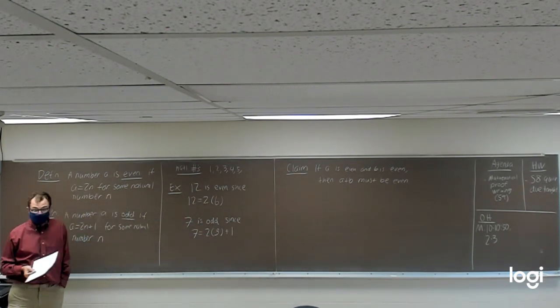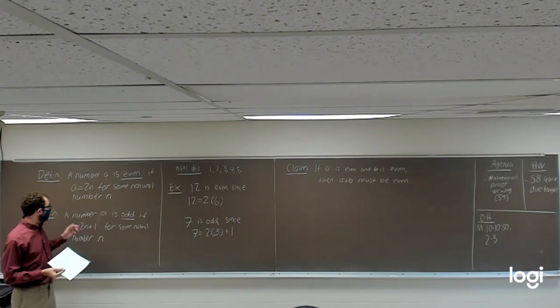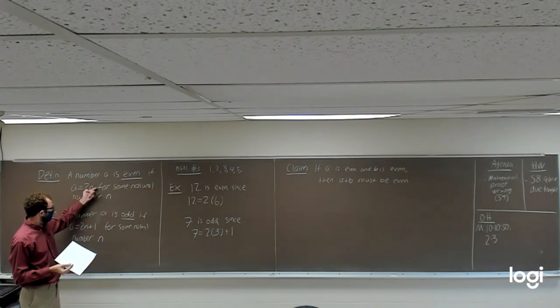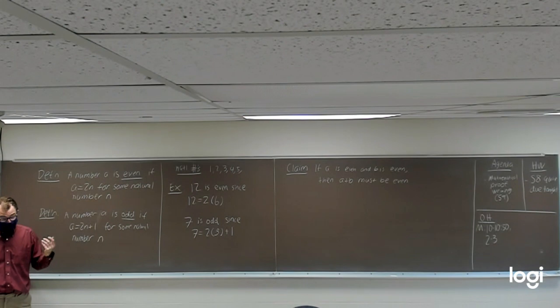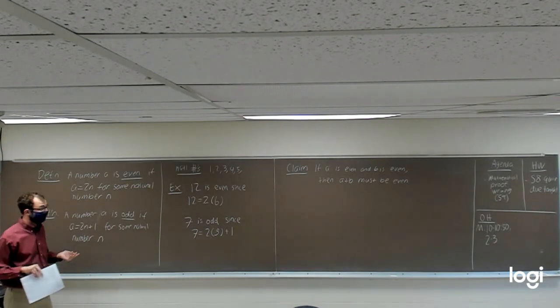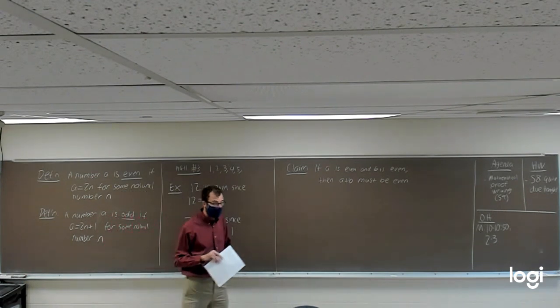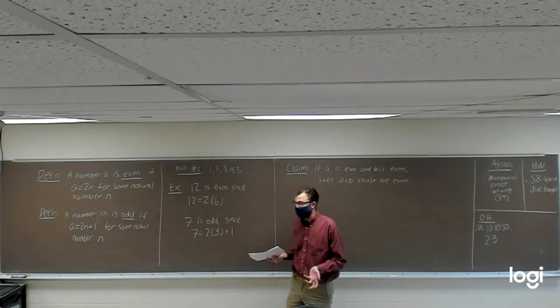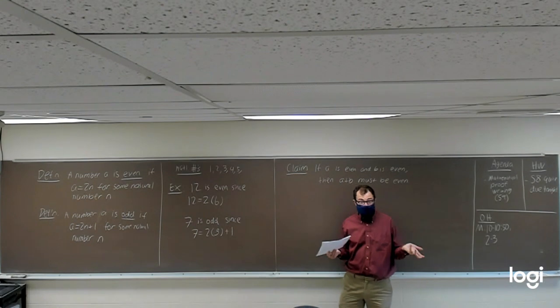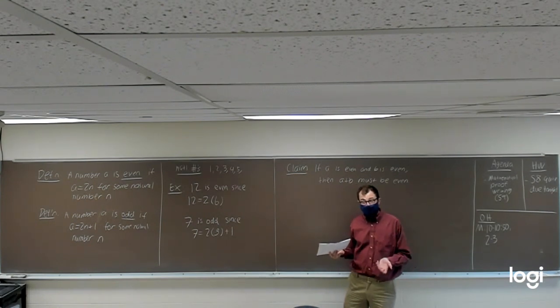So in other words, I'm going to make the claim that if we take 2 of these even numbers and add them together, we'll always get back some other even number. Which, intuitively, I'm hoping is something that you've seen before. You take an even, you add it to another even, you get back a third even.